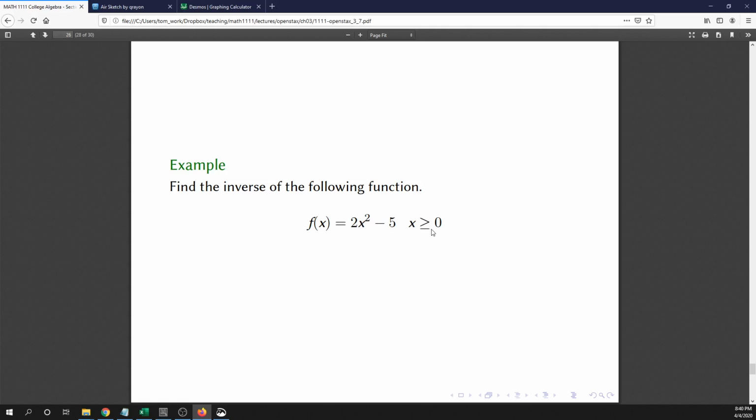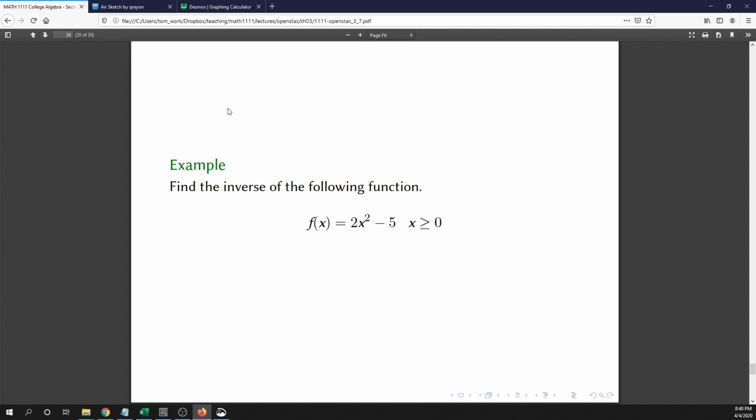They had to restrict the domain to make a one-to-one function so it would actually have an inverse. Now, unlike the previous examples, this will play a part when we go to solve or calculate what the inverse function is.